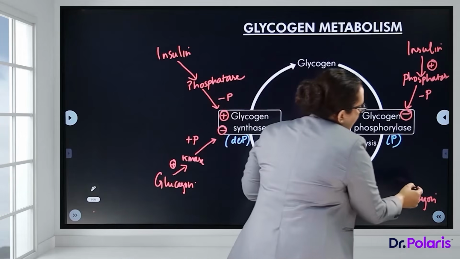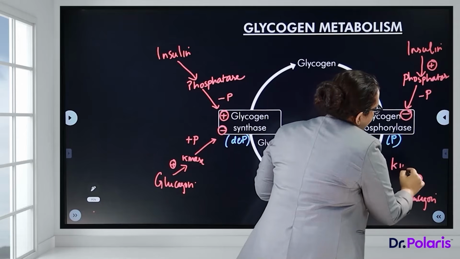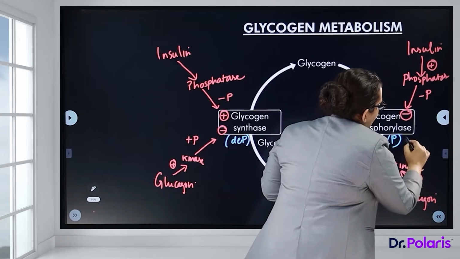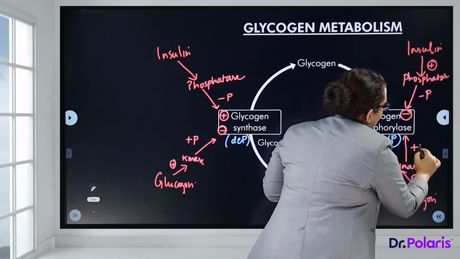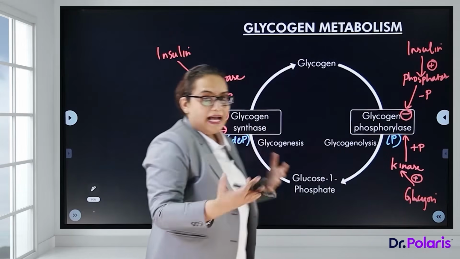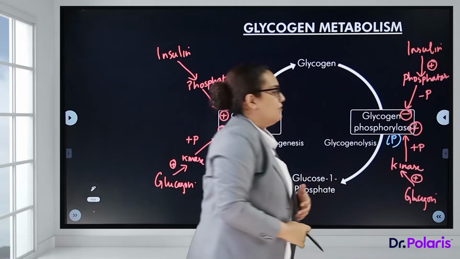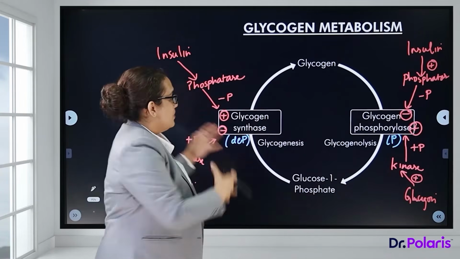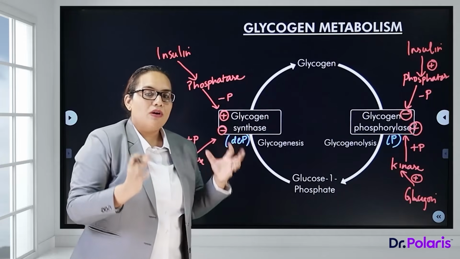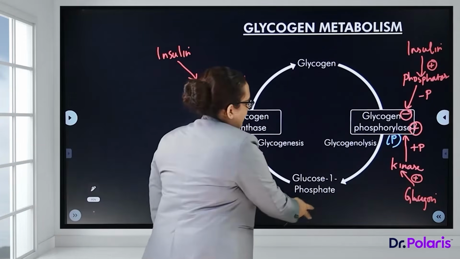And then glucagon stimulates kinases. Kinase adds a phosphate group. Phosphorylated form of the glycogen phosphorylase is active. Hence, in the presence of glucagon, glycogen phosphorylase becomes active. So, this is the reciprocal regulation of glycogen formation and glycogen breakdown.